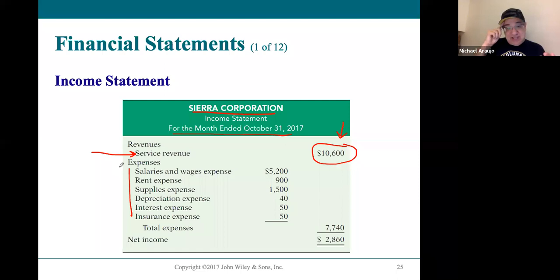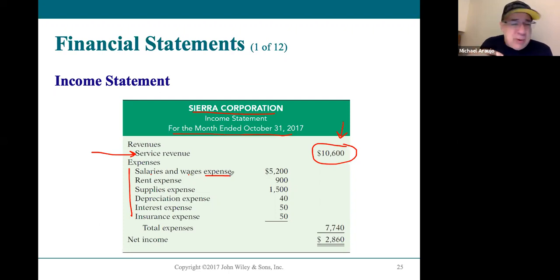So the fact that we have a salaries or wages expense tells us specifically that that particular expense was to pay salaries and wages for the month of October. That's all that means. Doesn't mean anything else. And so it's a very specific way of categorizing expense.